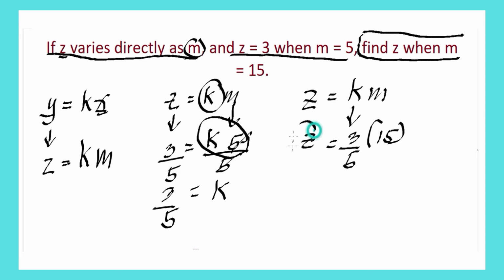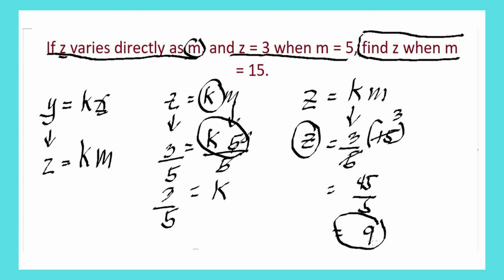We are going to find now the value of z. So 3 times 15, that will give you 45 over 5, and that will become 9. Or if you want to, you can cancel this one, leaving this 3. So 3 times 3, that will give you still 9.